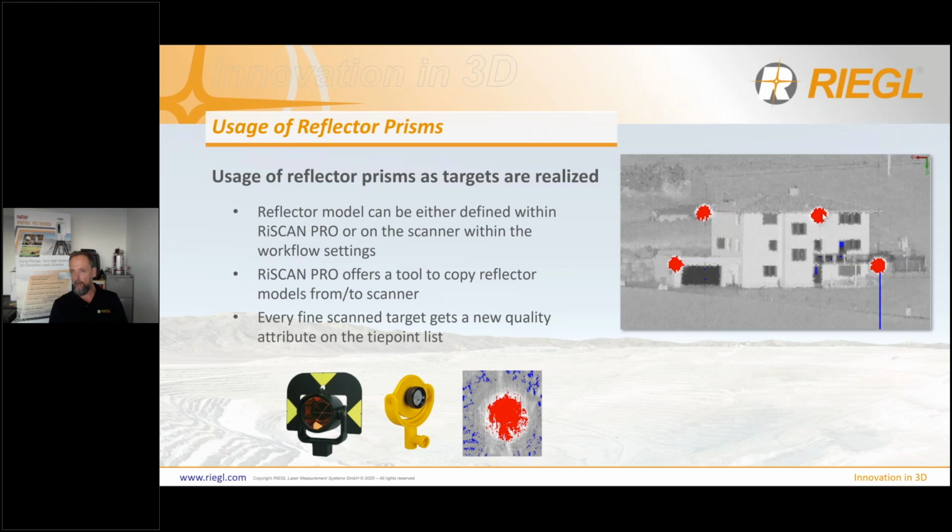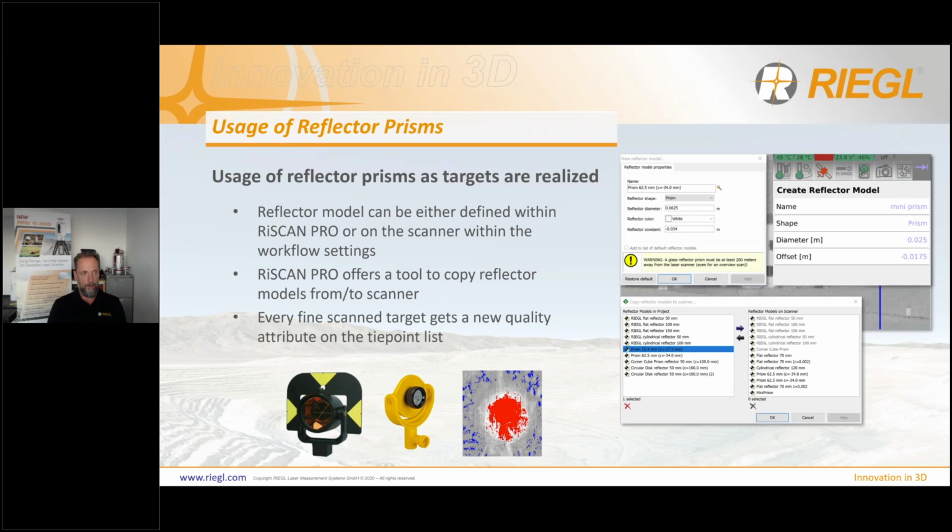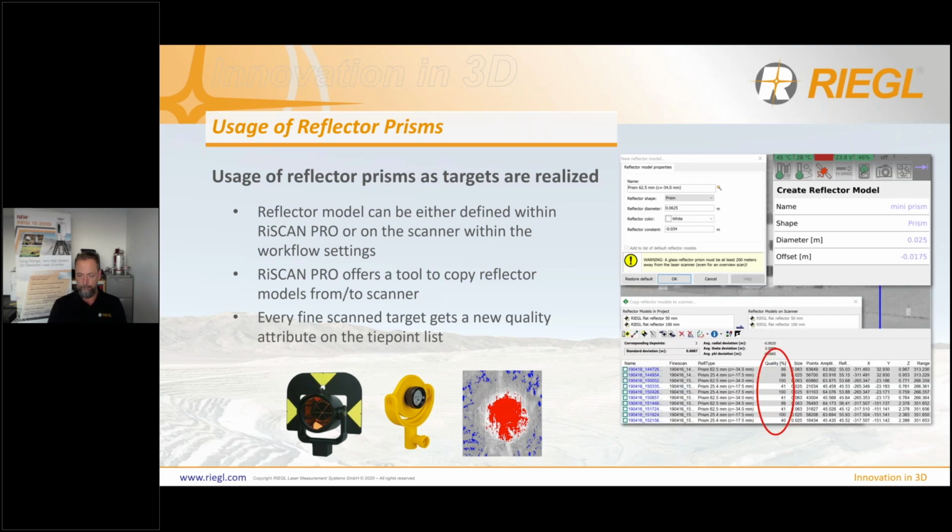So the prism itself is just around 6 centimeter diameter, but it appears as a target of 2 meters diameter. So we are getting a lot of measurements on that prism, and we can estimate the center point also with millimeter accuracy. So that's about the prisms.